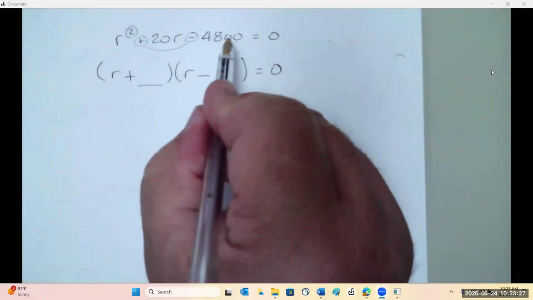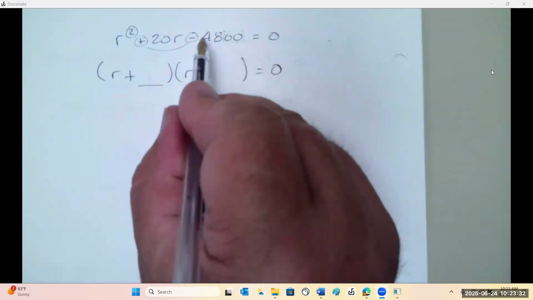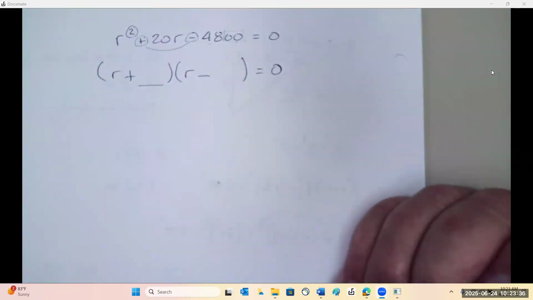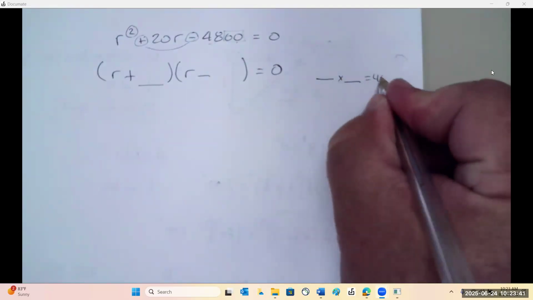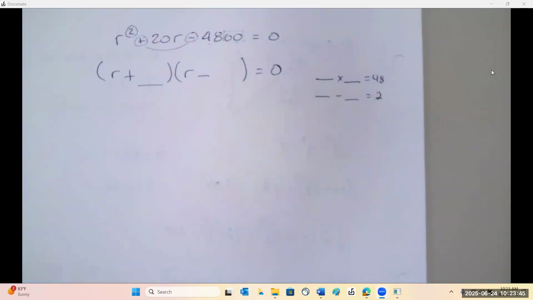Basically, we're lucky because these end in zeros. So what times what is 48, where subtracting them gives 2?